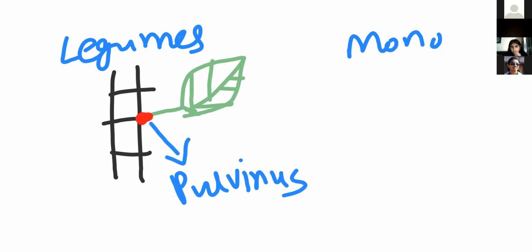Next, for monocot. This is the stem axis. In monocot, a very thin stem is there.